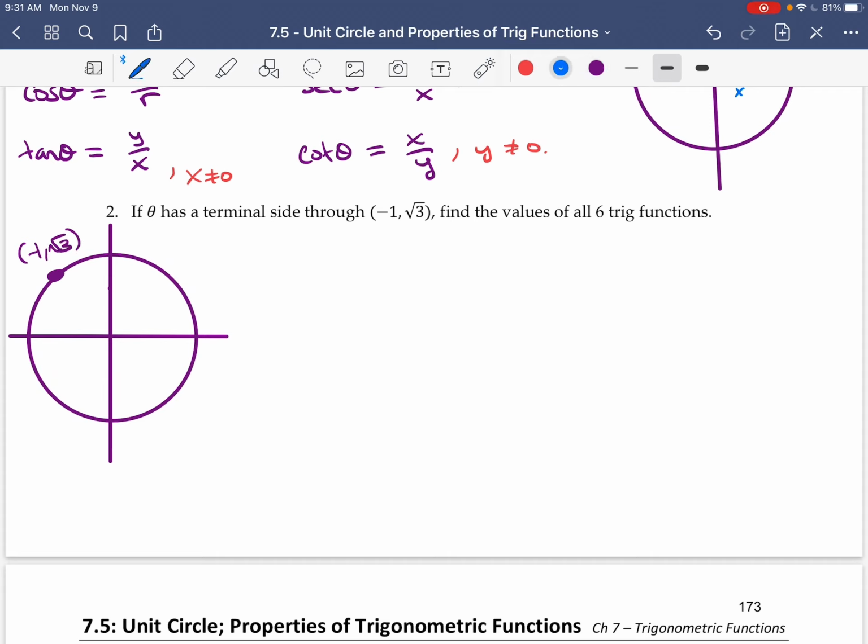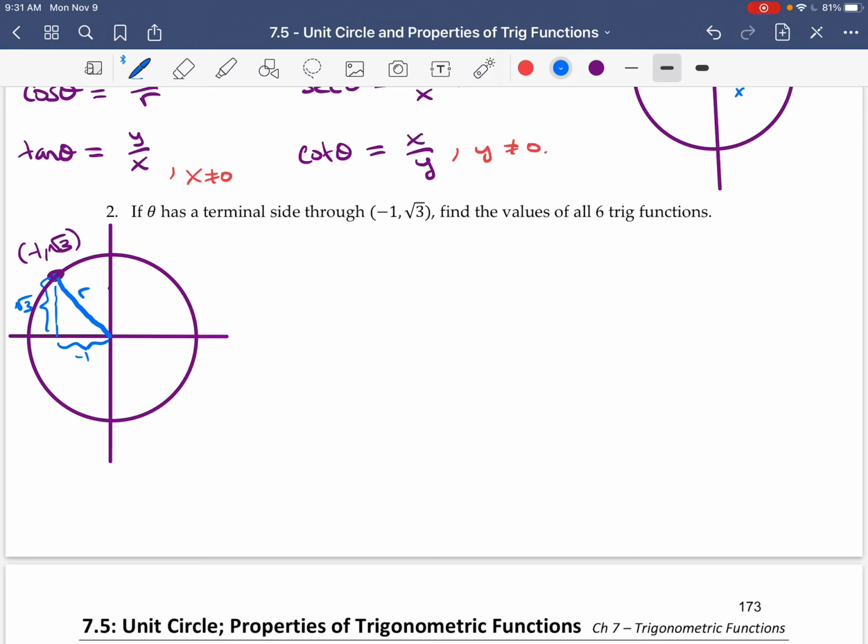Then if I make this, so that's the radius. So this is the x value, so this is -1, and then the height here is root 3.